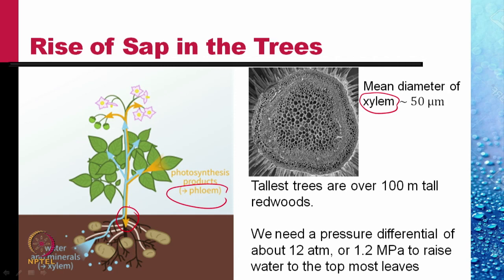Now the tallest trees on earth, the redwoods of California, USA, are over 100 meters tall. We need a pressure differential of about 12 atmospheres or 1.2 megapascal to raise water to the topmost leaves.